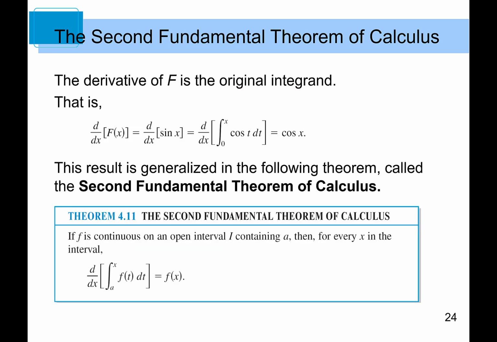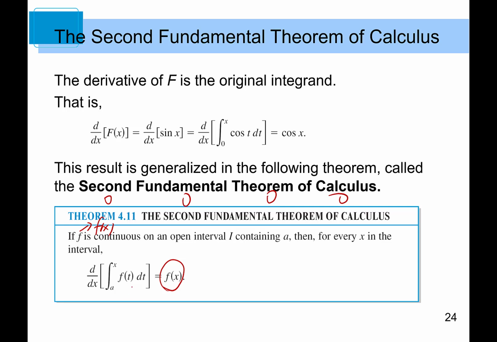So basically, let's take a look at the second fundamental theorem of calculus. If f of x is continuous on an open interval I containing a, then for every x in the interval, when you're taking the derivative of a definite integral of f of t dt from a to x, it becomes f of x.